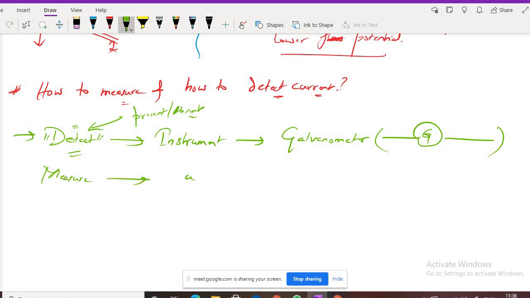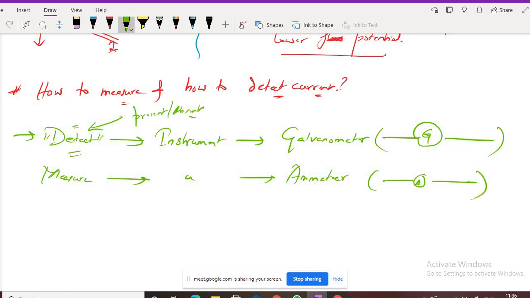Next, how to measure current? Current is measured by an instrument called an ammeter. It is an instrument which is used to measure current, that is, how much is the current: 5 ampere, 10 ampere, 15 ampere. Its symbol in the circuit is like this, A. Have you understood?